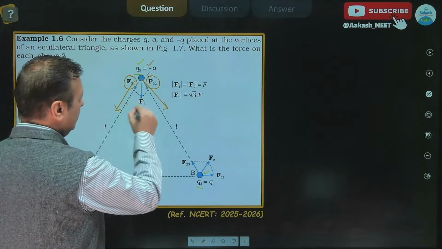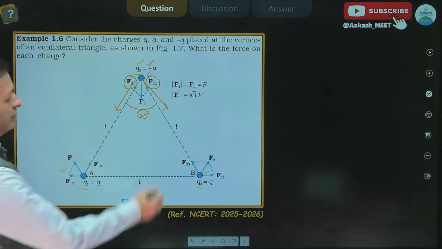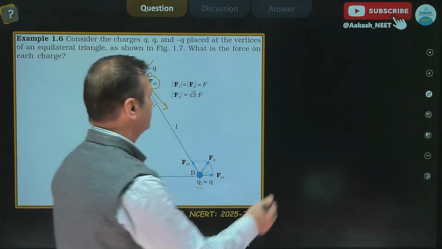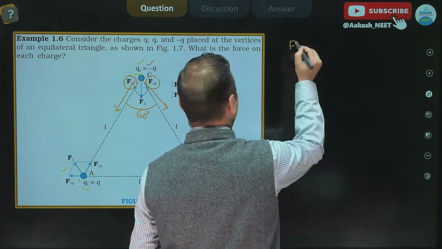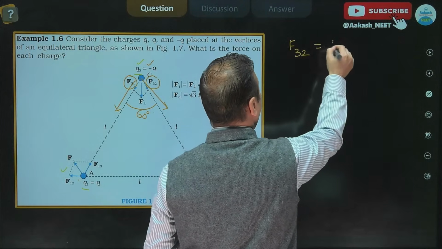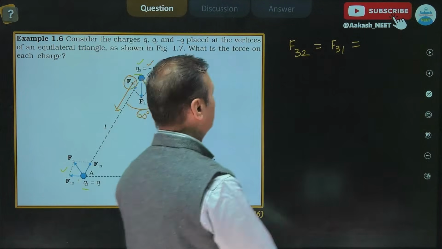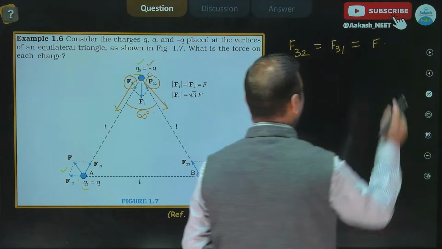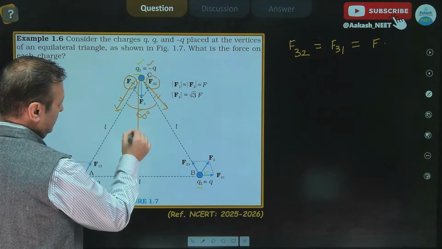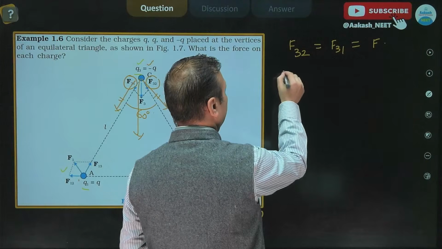This is an equilateral triangle, so this angle is 60 degrees. As you can see, the charges have the same pairs. So F32 numerically is equal to F31, and this is simply labeled as F. The resultant of these two forces would be like this, and it is labeled as F3.